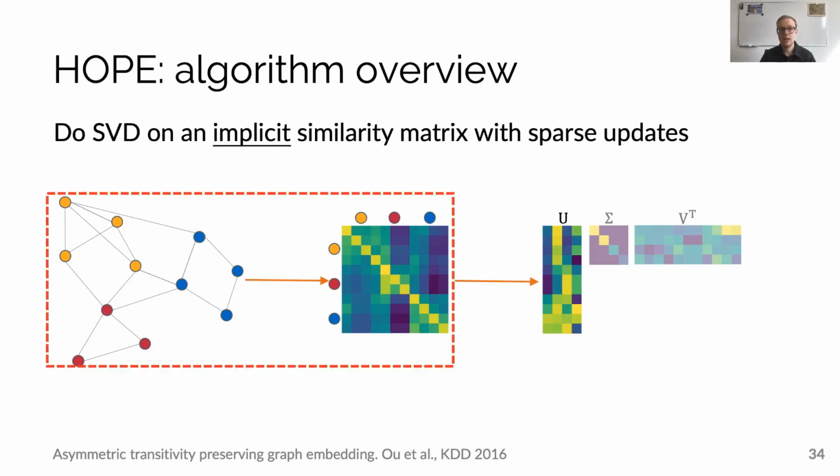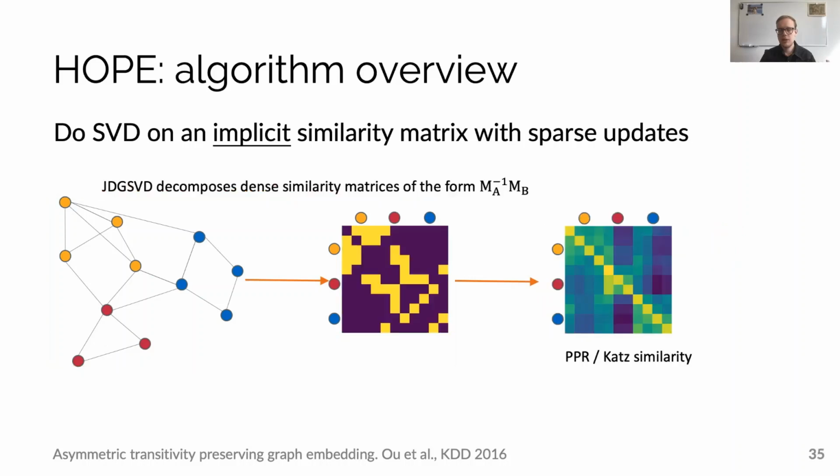And we construct the similarity matrix implicitly by using the adjacency matrix and then using some special form of SVD that decomposes matrices of the form inverse of the matrix A times matrix B. And it turns out that 2 similarity measures, the personalized PageRank and the Katz similarity, can be used in this form.